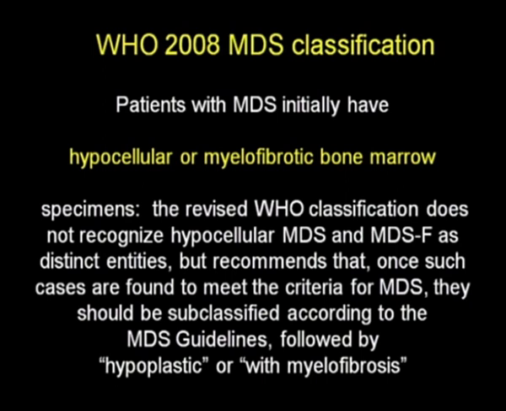In this classification, this subset of patients is considered as a distinct entity, but the recommendation of this document tells us to perform the diagnostic pathway as for an MDS, what we did until now, and to add as a comment in the final morphological diagnosis the terms hypoplastic or having myelofibrosis.